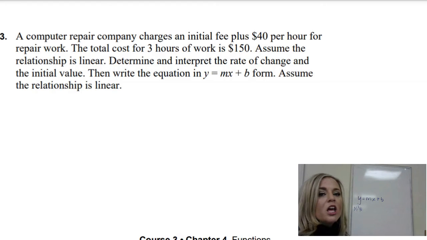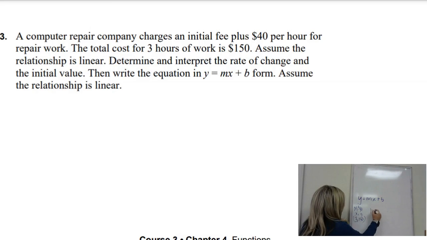All right, so the total cost for 3 hours of work is $150. Okay, so it would be 3 and 150 would be our x, y coordinate. And we want to assume that this relationship's linear. All right, so I'm going to plug in and find b. So I know that this is x and y. So I know 150 is equal to 40 times 3 plus b.